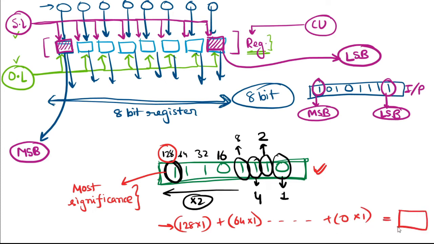This is our value, suppose x. Inside x, the bit with the highest weightage is the leftmost bit, so it is called the most significant bit, and the rightmost bit is called the least significant bit, because it has the least significance.